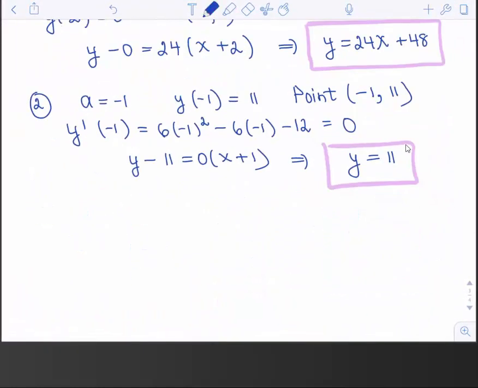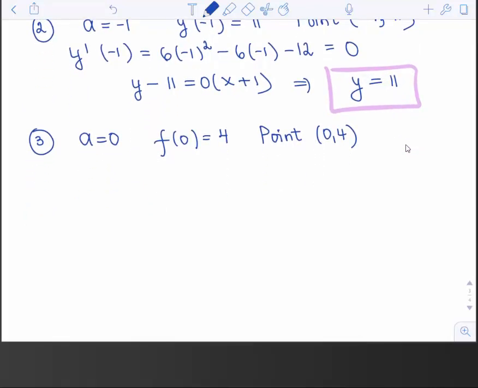One last thing. Problem 3. A is equal to 0. F of 0 is 4. You can compute that. So my point is 0, 4. Here I'm going to go a little bit faster, now that we've done these problems. So f prime of 0, I get -12.